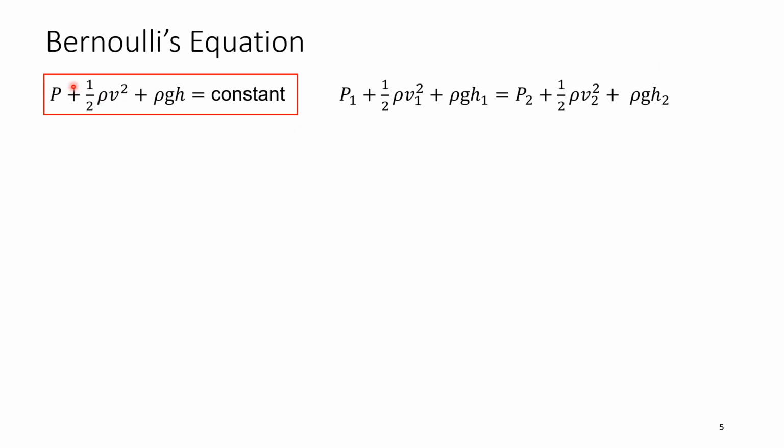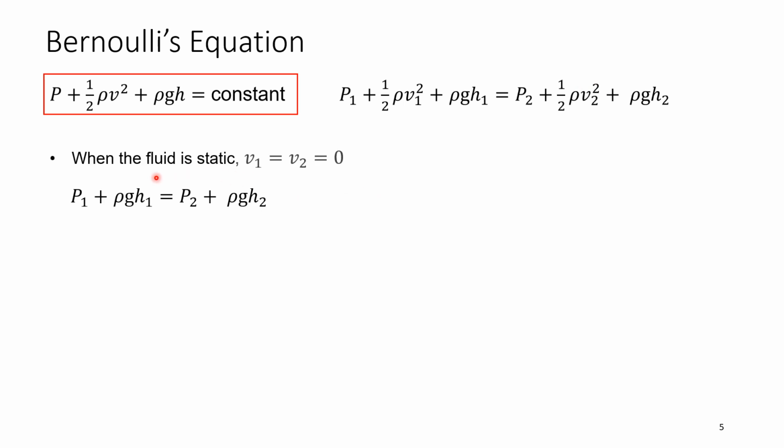This general form of Bernoulli's equation has a few specific situations. When the fluid is static, we have V1 equals V2 equals 0, so that Bernoulli's equation becomes P1 plus rho g h1 equals P2 plus rho g h2. That is, P2 equals P1 plus rho g (h1 minus h2).